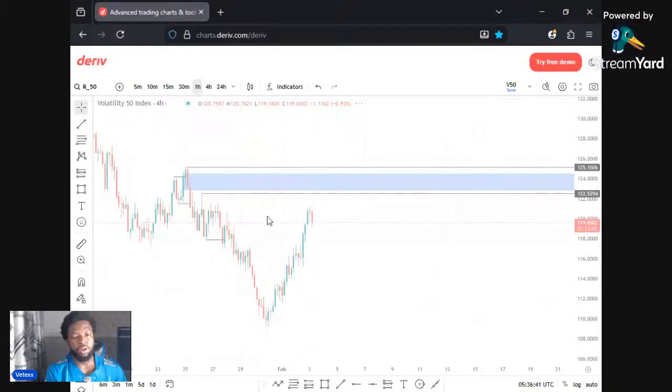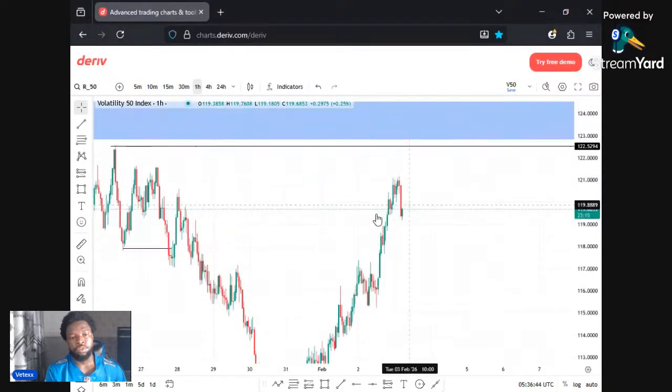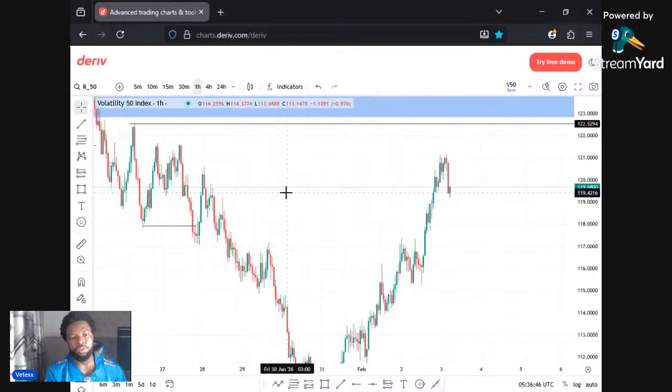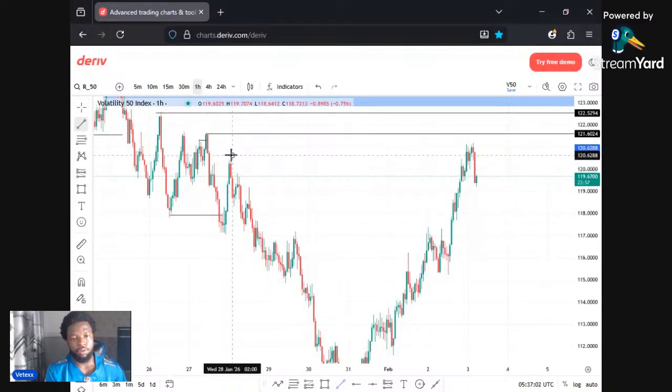But then let's check the 1 hour time frame. Price is reacting from anywhere. On the 1 hour time frame, we also have this sweep, and then we have protected high. We have a structural liquidity.